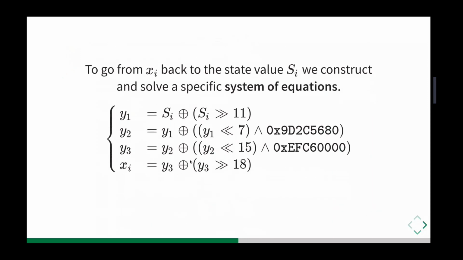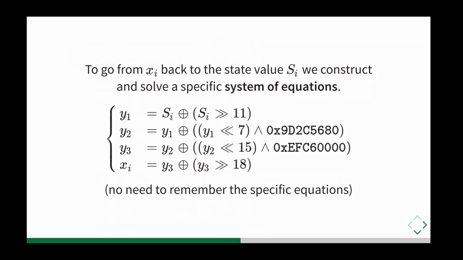Now, how do we invert this function? Well, we just create a system of equations. Here I showed it. It's not really important to understand the specific equations, why they are like this. But the general idea is that I can create a system of equations in which the variables include the single state value that produces that output.